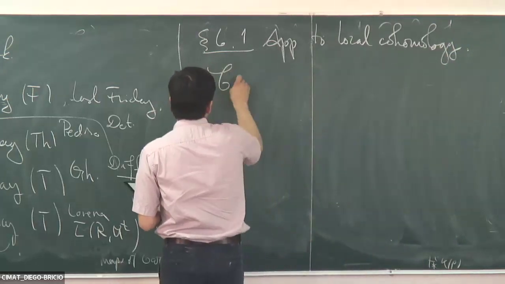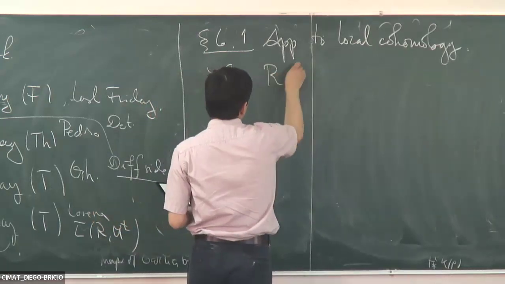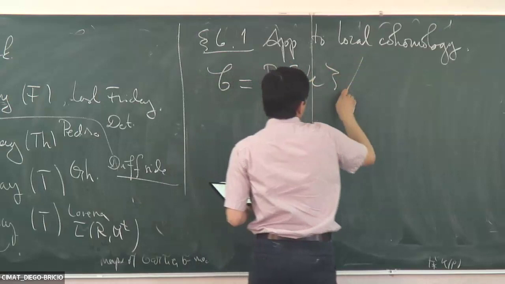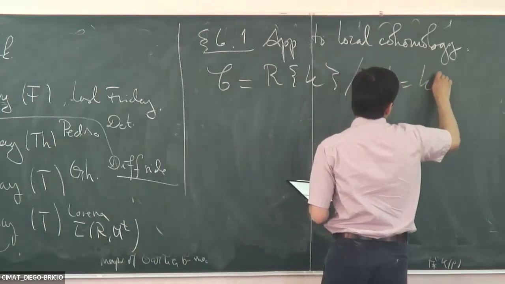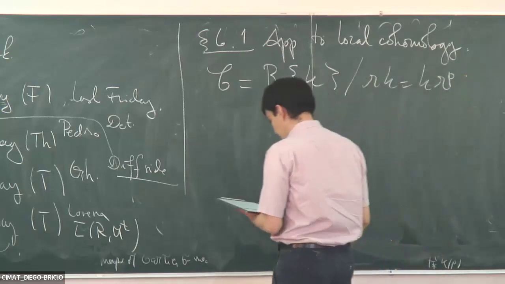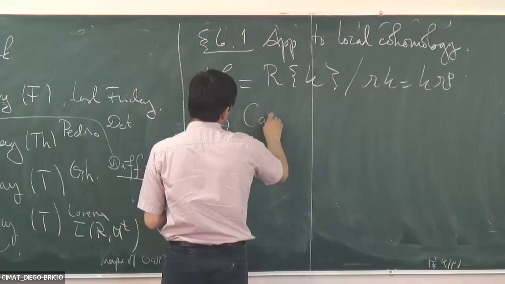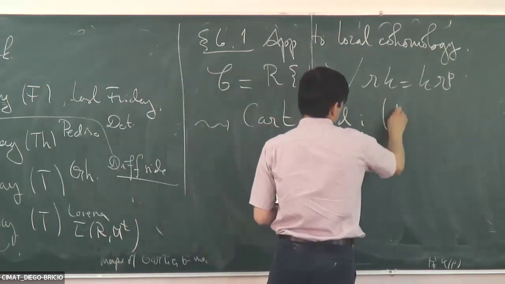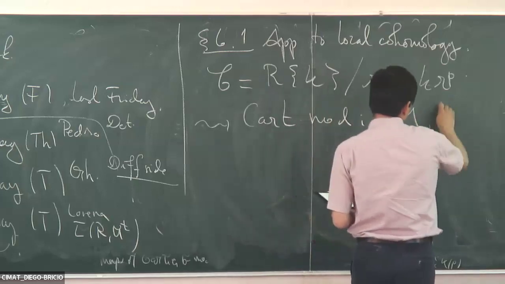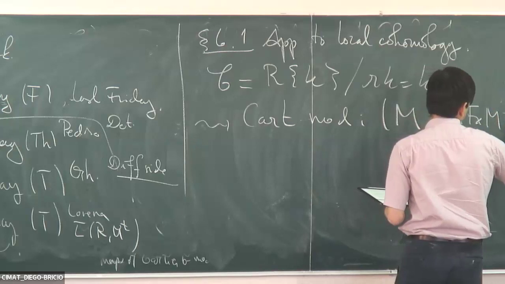For this, we're going to fix the Cartier algebra in question to be the free one. In particular, a Cartier module is the same thing as an R-module and a Cartier operator from here to here.